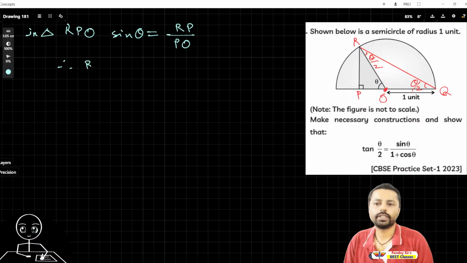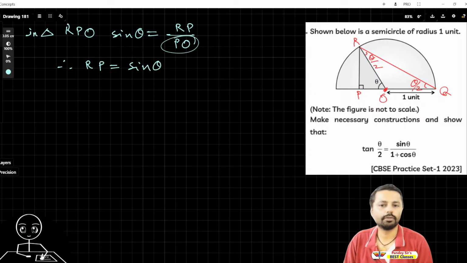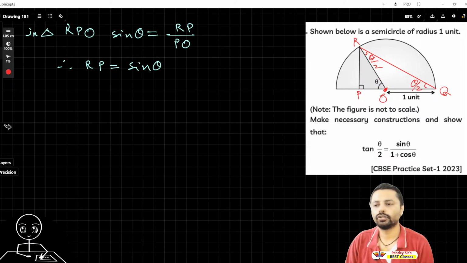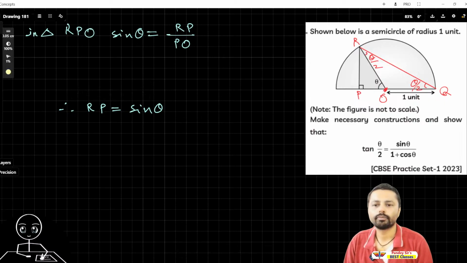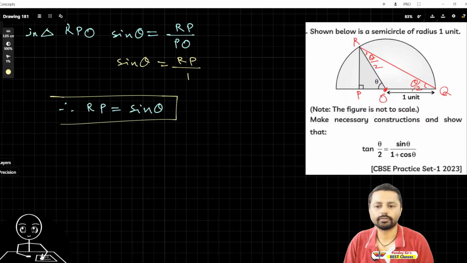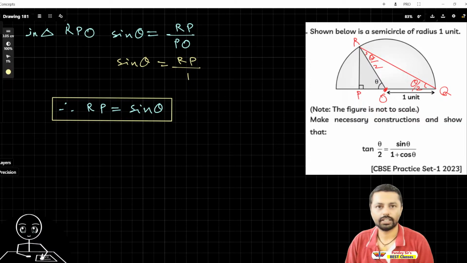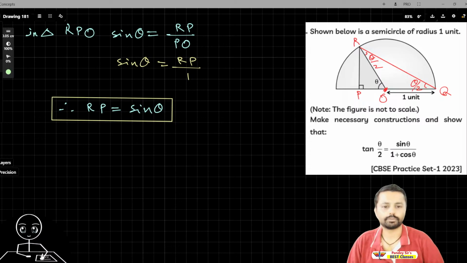How? This OP is the radius, which is 1. So we can write sin theta equal to RP by 1, and that's why RP will be equal to sin theta. Clear?